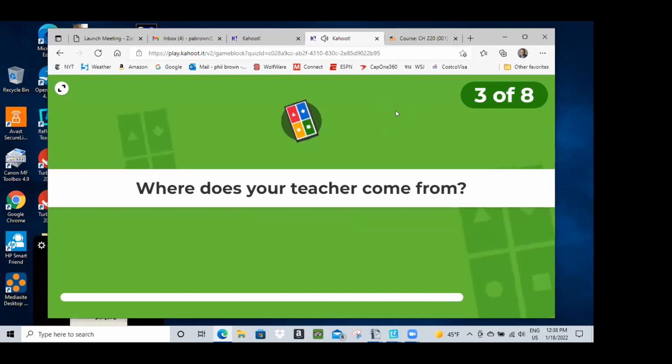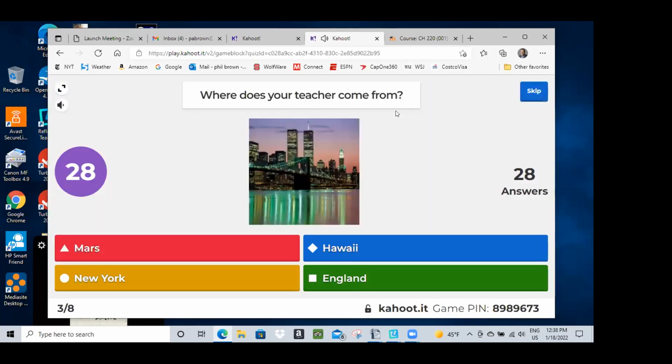Where does your teacher come from? There's a hint. Look at the picture. I hope you know what that is. I'll give you a hint. That's the Brooklyn Bridge.